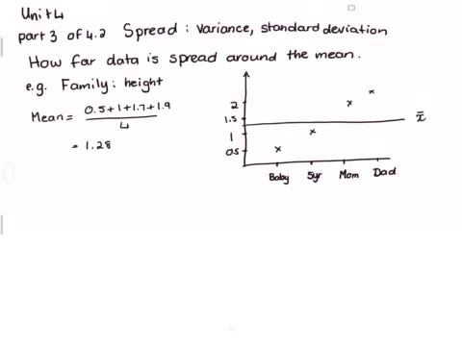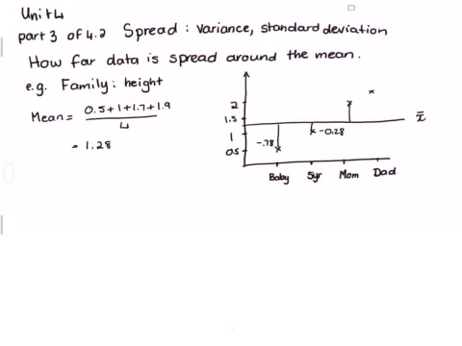Now, what we want to look at is, in this case, baby is below the mean. So baby is negative 0.78 below the mean. The 5-year-old is below the mean, negative 0.28.